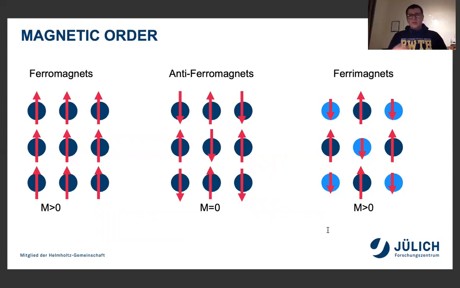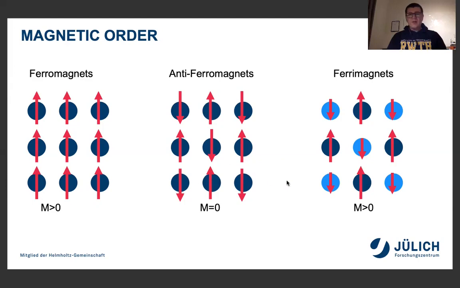So we have been talking quite a bit about magnetic moments now, and we have also been discussing ferromagnetism as the phenomenon of present magnetization without an external field. However, there are also antiferromagnets which have a total magnetic moment of 0. However, that's only because they cancel out each other.